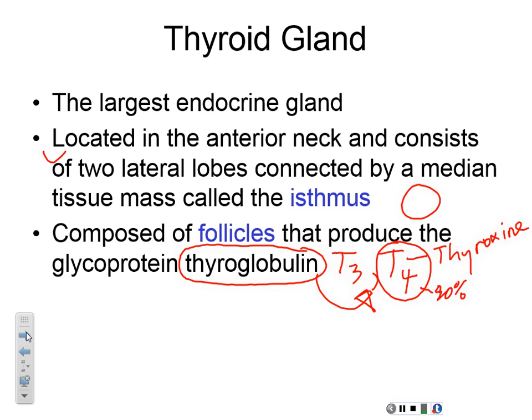What did I say they are? They are lipid soluble. So if they're lipid soluble, what must happen to them? They have to be attached to something. If they are lipid in an aqueous environment, what happens?